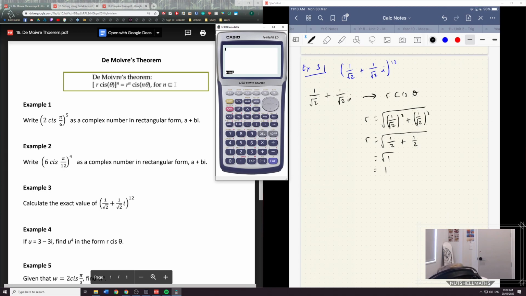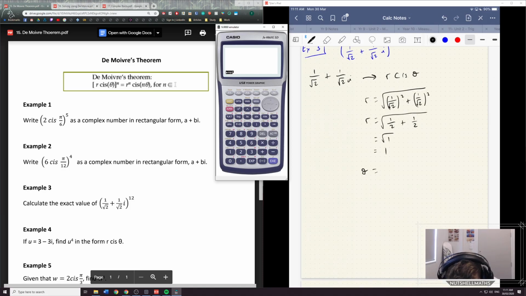So let's do the theta part now. If you want to, you can draw the diagram. I would recommend it. But we should start realizing that when both of these are real and positive, it's just going to end up here, which is 45.